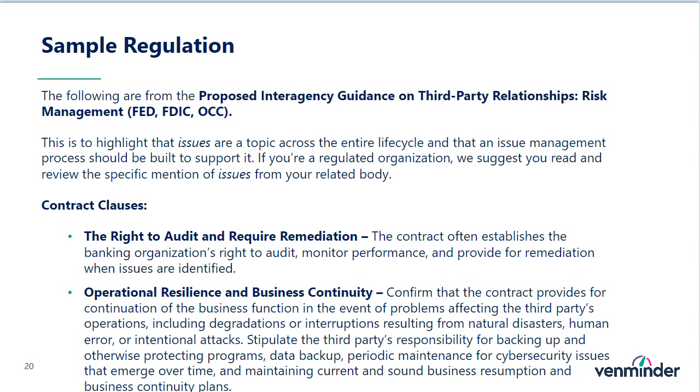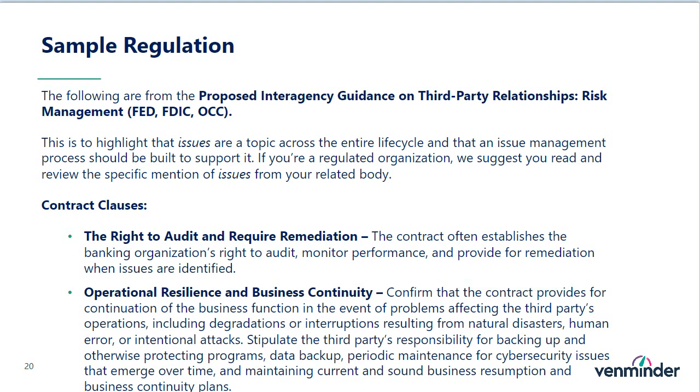So it's not just about your audit rights, it's also what happens if it's not going the way you had planned it. You might also see operational resilience and business continuity aspects. This is where, from a contract perspective, you're requiring your third party to follow best practices for availability and for avoiding cyber issues.